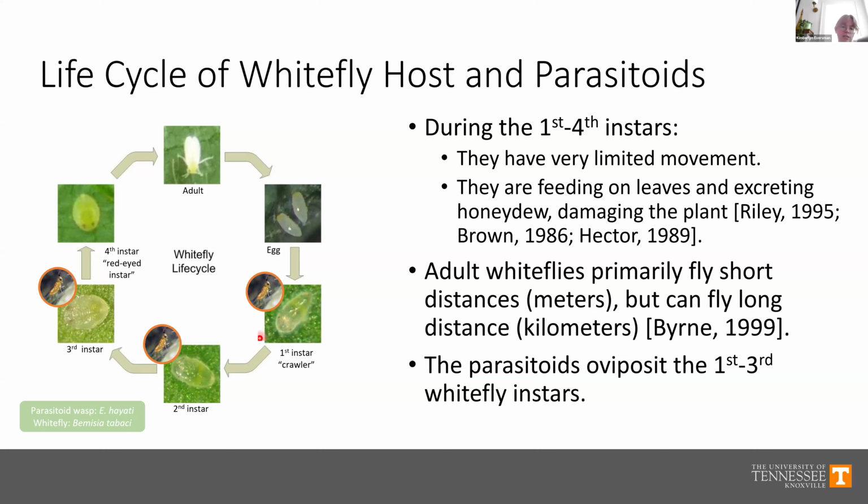So the parasitoid is really only affecting these stages that aren't moving, but the adults are the ones that are actually spreading the host population around. So that's a brief overview of the life cycle of the host and the parasitoid.